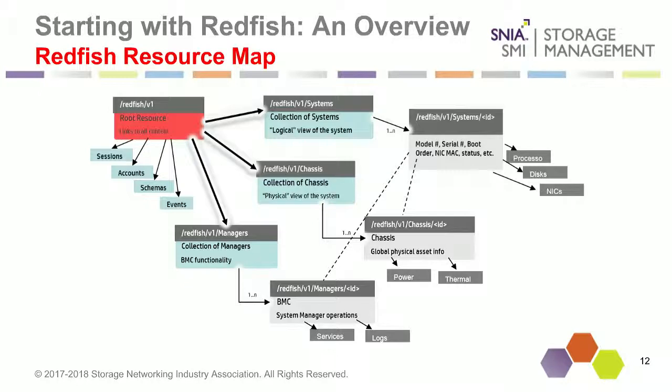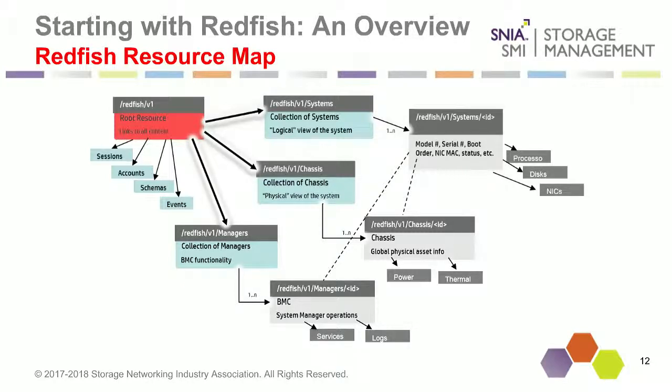So what we have here is on the left-hand side, there's something called the root resource, and that's the Redfish root that provides information about a variety of things: sessions, accounts, schemas, events. So there's a variety of information being collected at the root level.